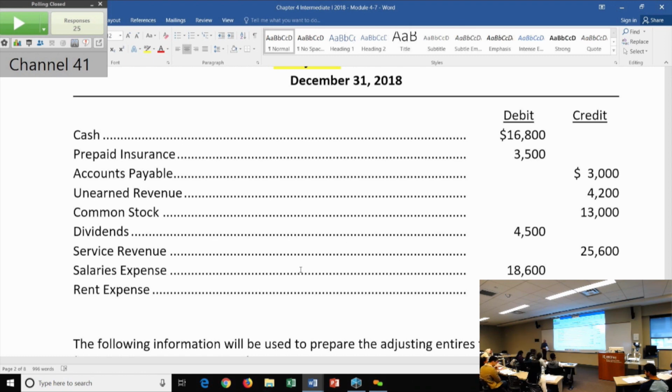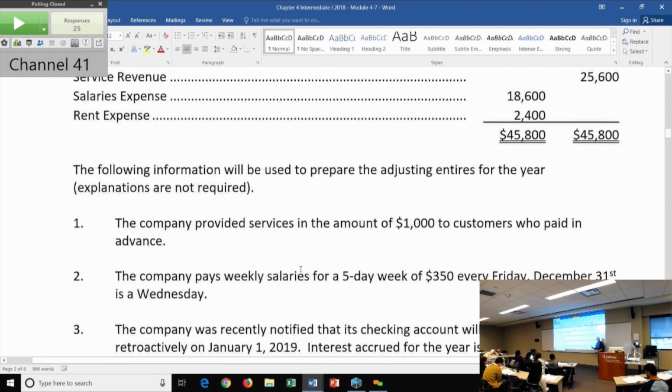The following information is given because we're going to practice one last time for the adjusting entries. Number one, the company provided services of $1,000 for customers who paid in advance. Remember these are unearned, so this unearned revenue is $4,200.